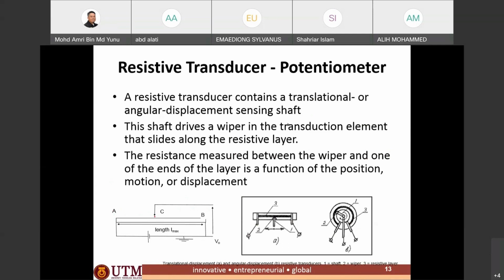When this wiper moves due to the displacement, it will change the total resistance between A and C and between C and B. Also, it can be made into an angular displacement sensing shaft.